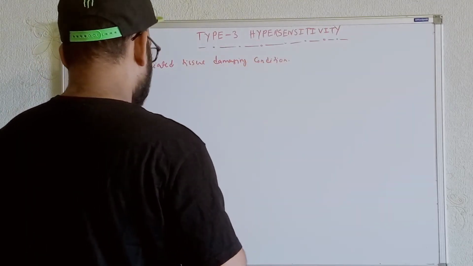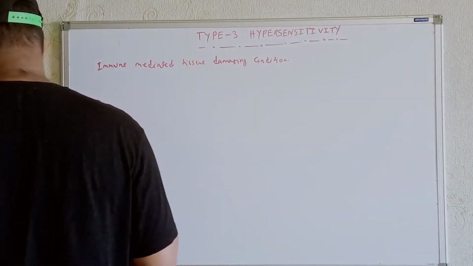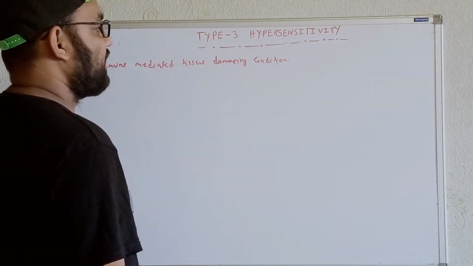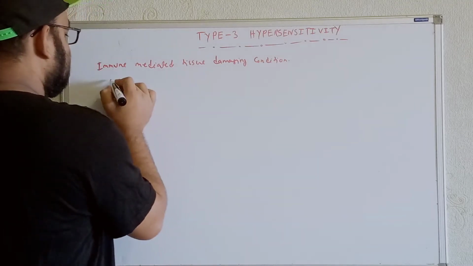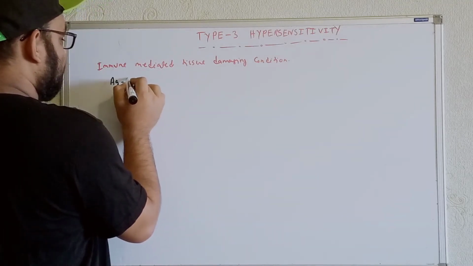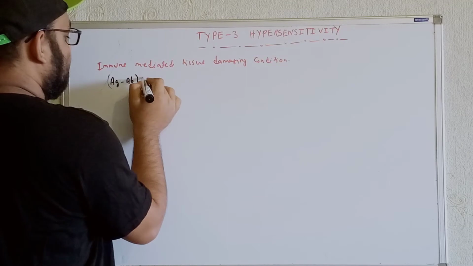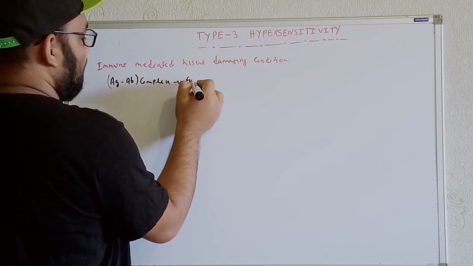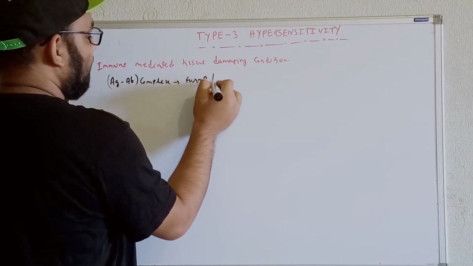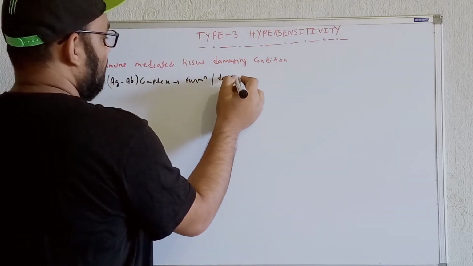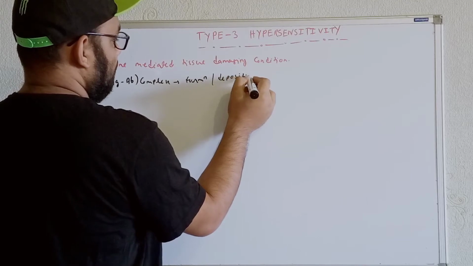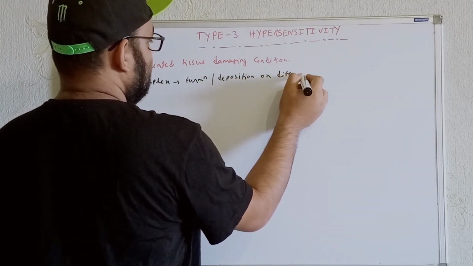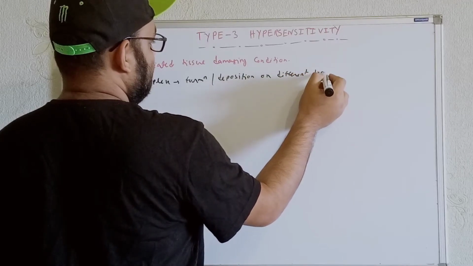In these cases, we get the formation of the antigen antibody complex. This antigen antibody complex is formed and deposited on different tissues, the different organs.